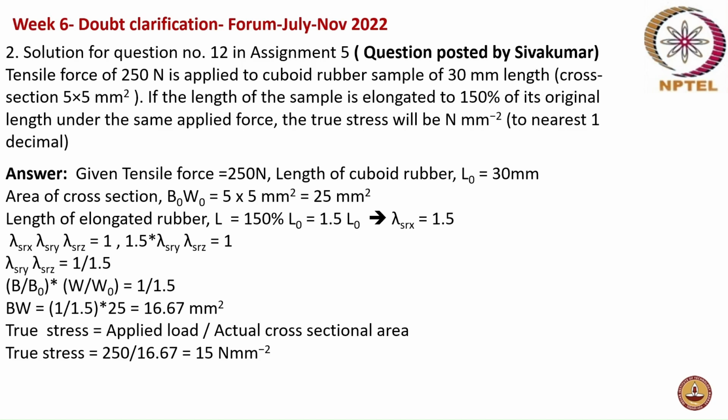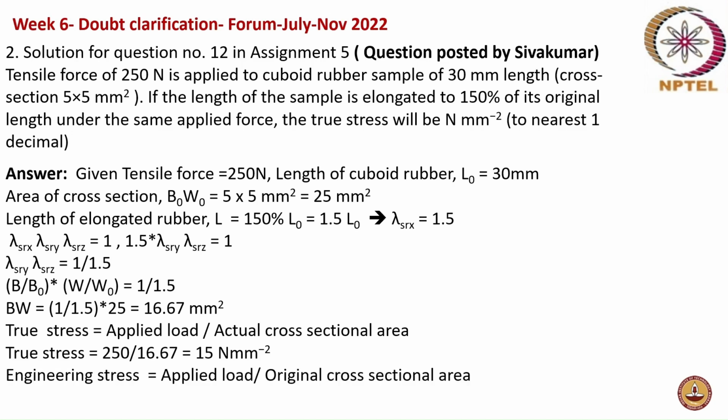So when you are accounting for true stress, you have to account for the changed cross sectional area, which is the decreased cross sectional area, right? The cross sectional area has decreased from 25 to 16.67. So you have to consider that 16.67 as the cross sectional area for estimating the true stress. Whereas in engineering stress, you have to consider only the original cross sectional area, not the changed one.